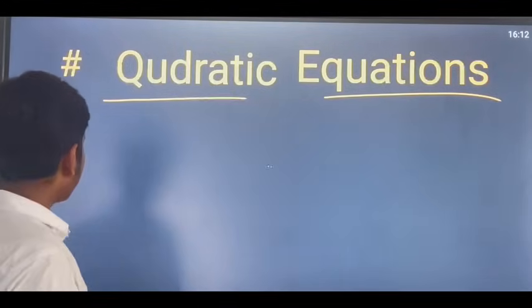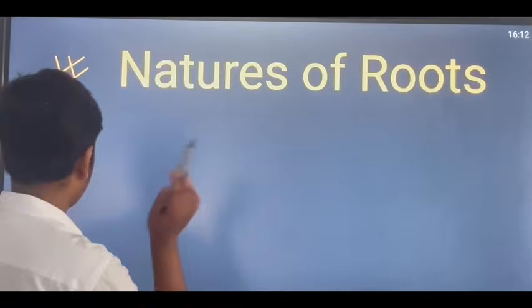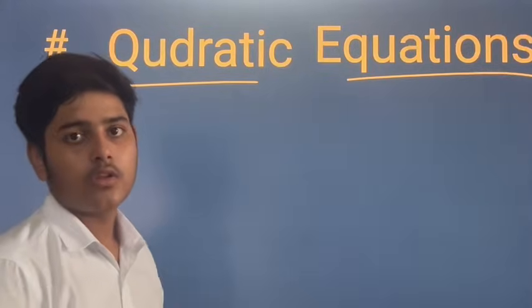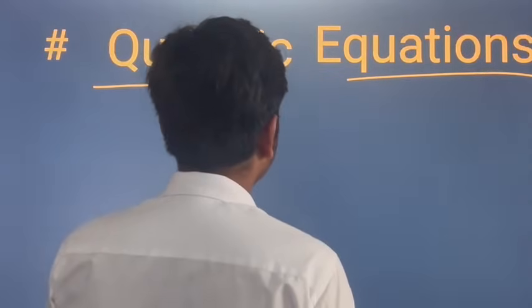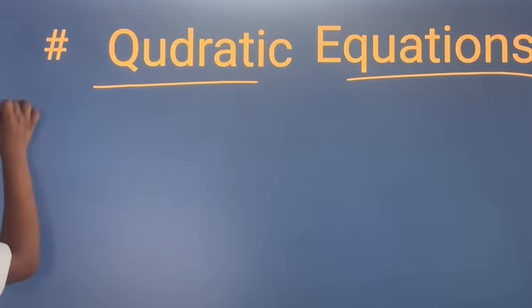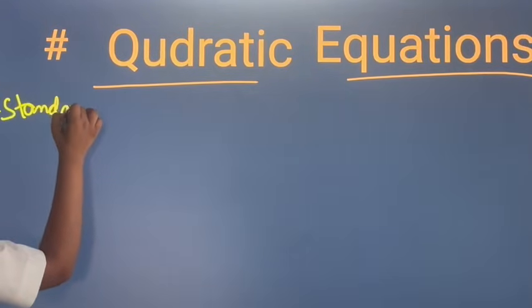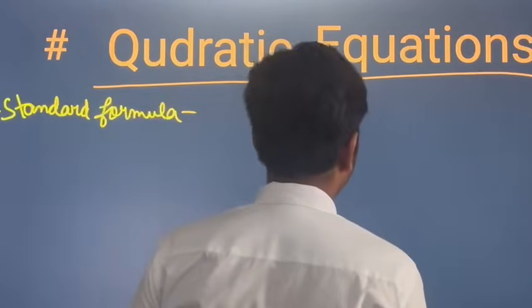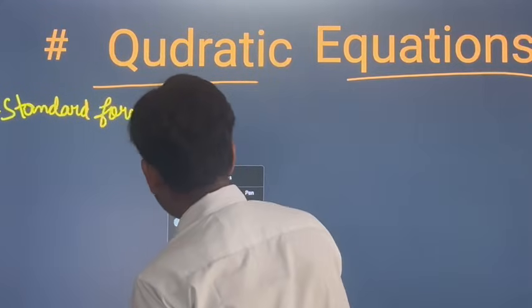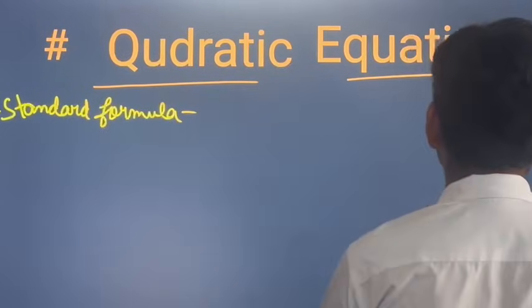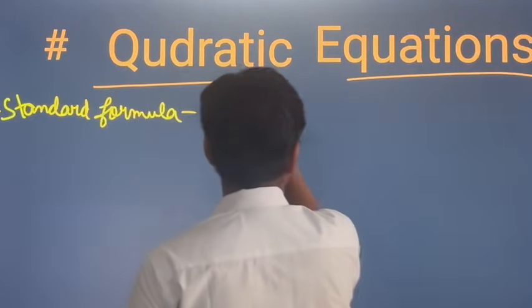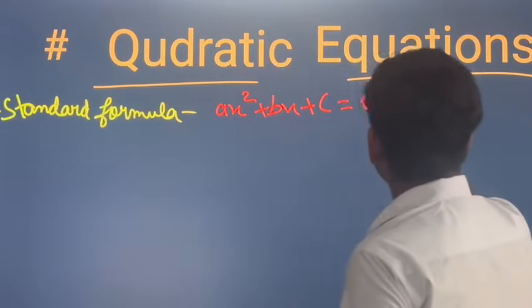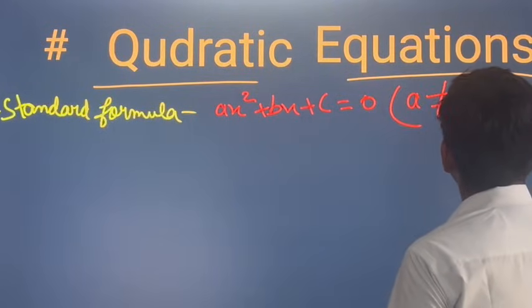In quadratic equation there are two parts, and the second part is the nature of the roots. First we will do the quadratic equation forms. First, we can discuss the standard formula in quadratic equation. The standard formula is ax square plus bx plus c is equal to 0, where a is not equal to 0.